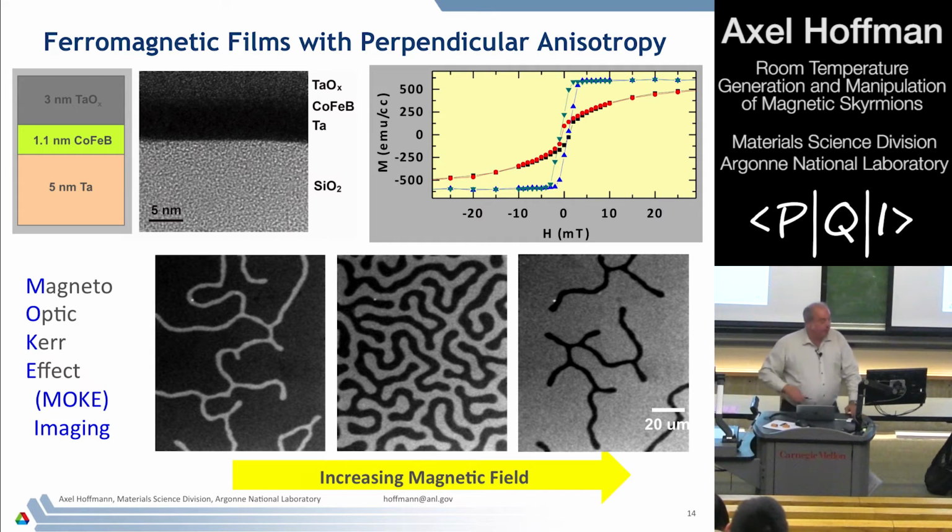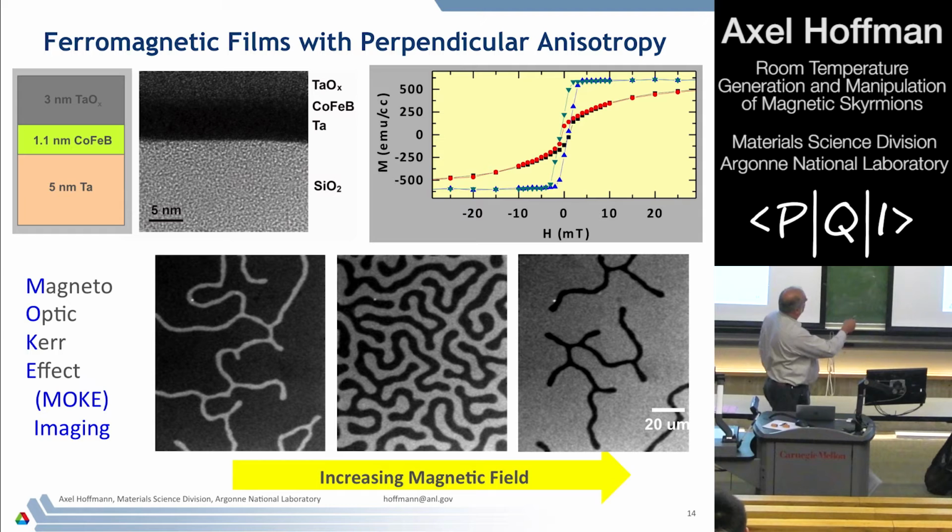We take a magnetic multilayer where we take a cobalt iron boron film and we sandwich it between tantalum and tantalum oxide. Here's a TEM picture, but it doesn't really show you all that much. But what happens is, by having the oxide at the top interface, it generates a perpendicular anisotropy, which means that the magnetization likes to point perpendicular to the interfaces, which normally magnetic films don't like to do.